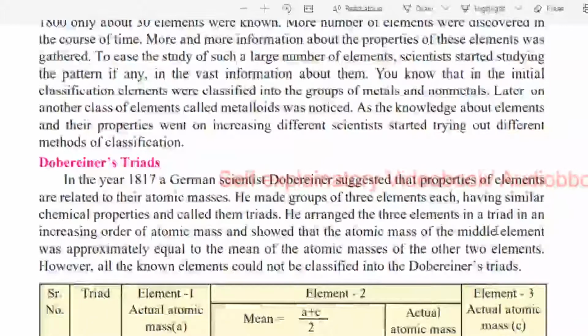Next topic is Dobereiner's Triads. In the year 1817, a German scientist, Dobereiner, suggested that the properties of elements are related to their atomic masses. He made groups of 3 elements having similar chemical properties and called them triads.